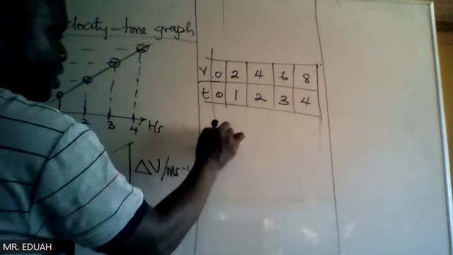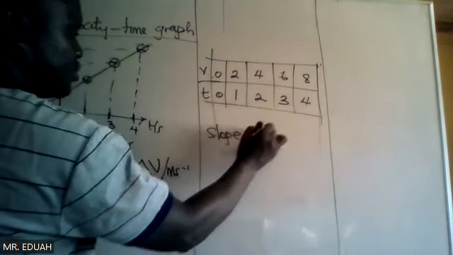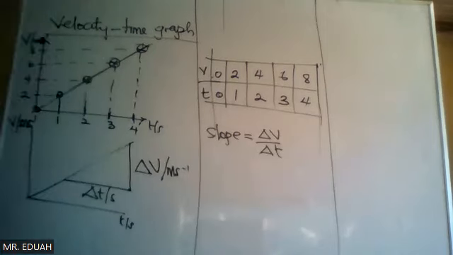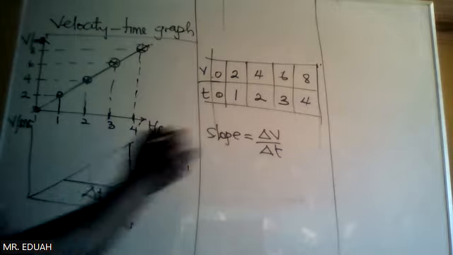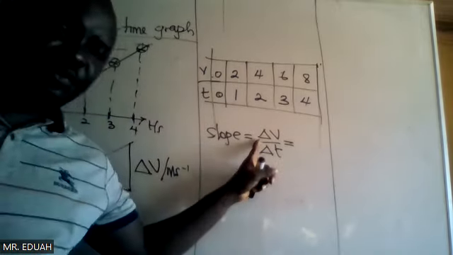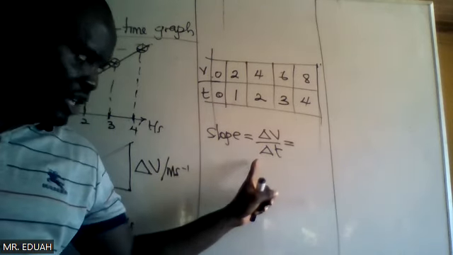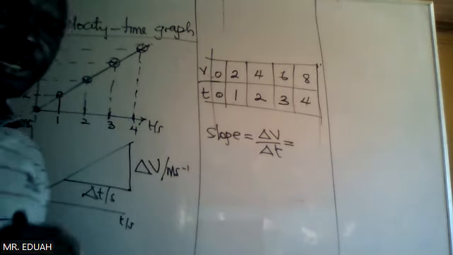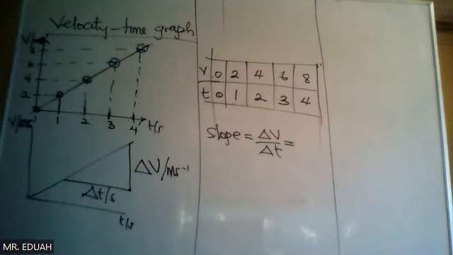So slope is equal to change in v over change in t. If you have change in velocity with respect to change in time, this will be equal to the rate of change of velocity with respect to time. Acceleration. This is acceleration.